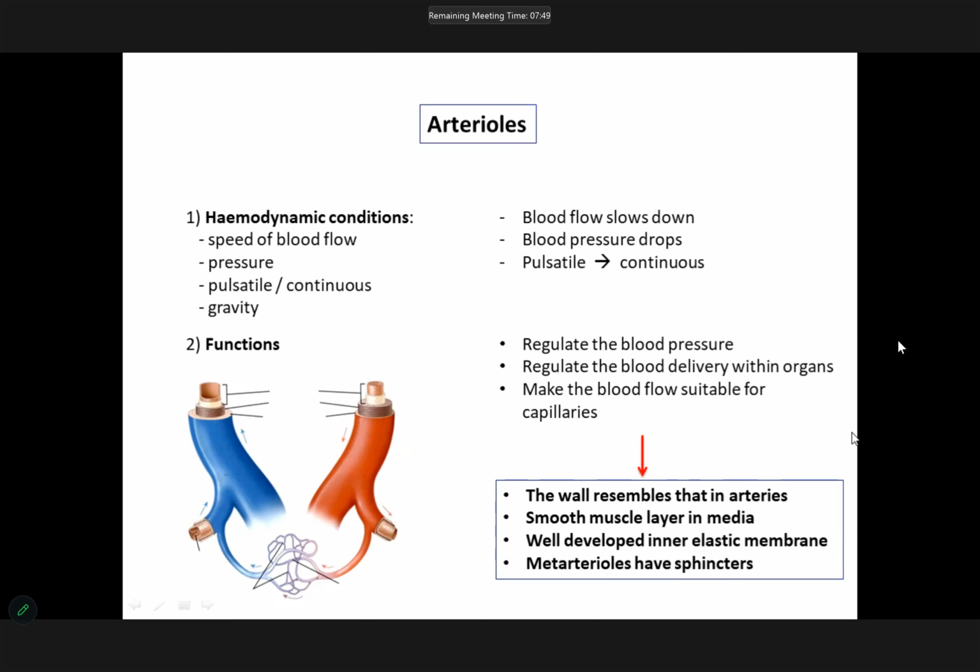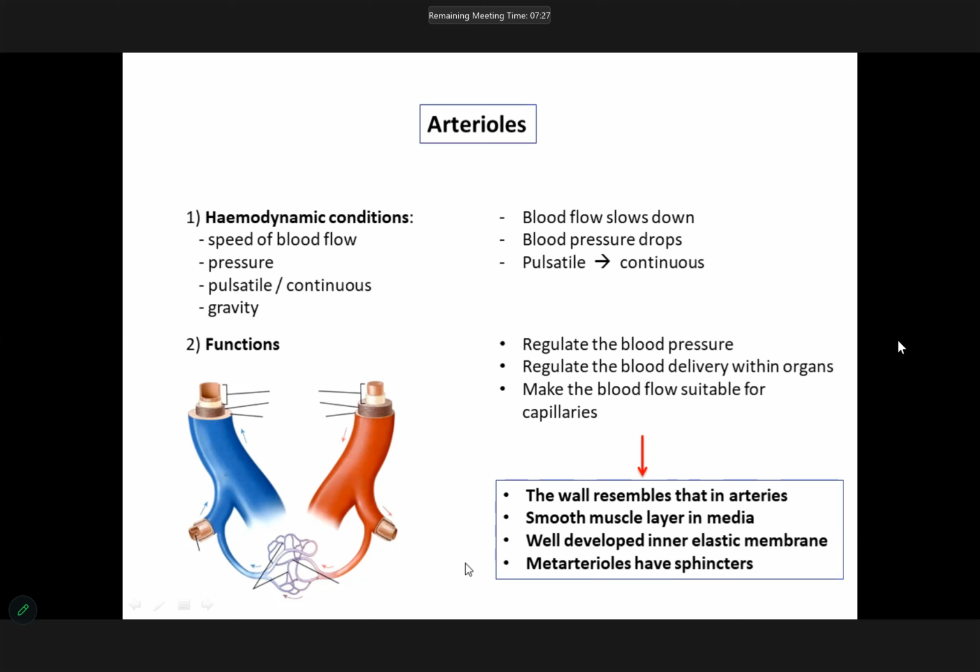So this is the regulation of blood delivery. And arterioles finally make the blood flow suitable for capillaries. It means that they slow down blood pressure and blood flow, and make the blood flow change from pulsatile into continuous.